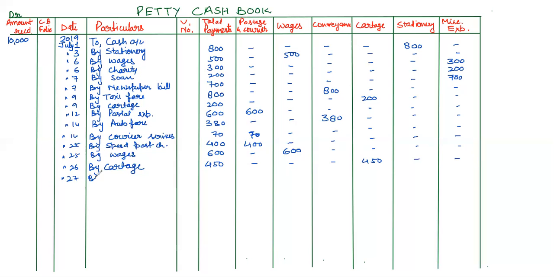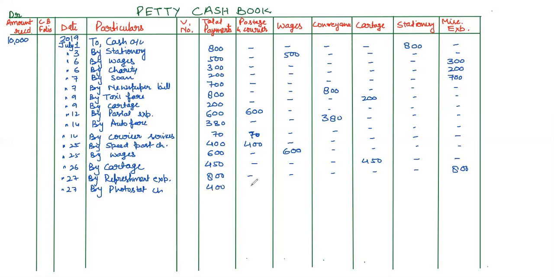Next is refreshment expenses. By refreshment expenses 800, and we do not have any separate column for this, so amount 800 will come in the miscellaneous expenses column. Now on the same date, we have photostat expenses. By photostat charges, and that is 400.